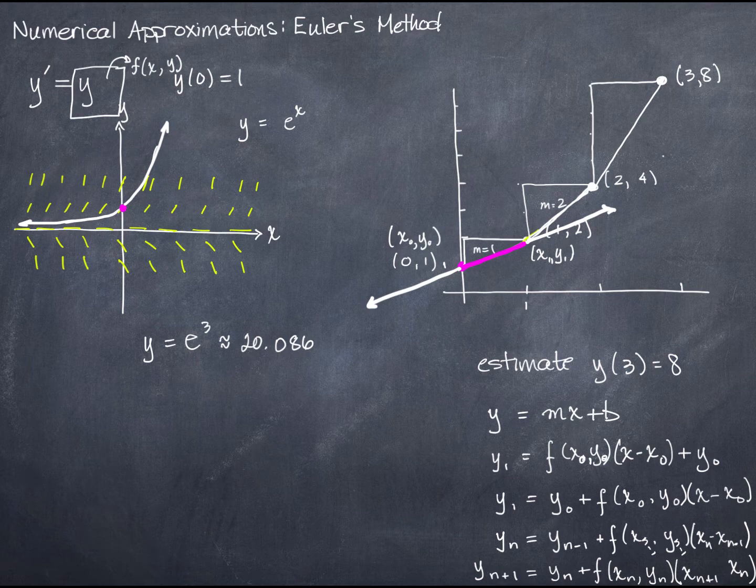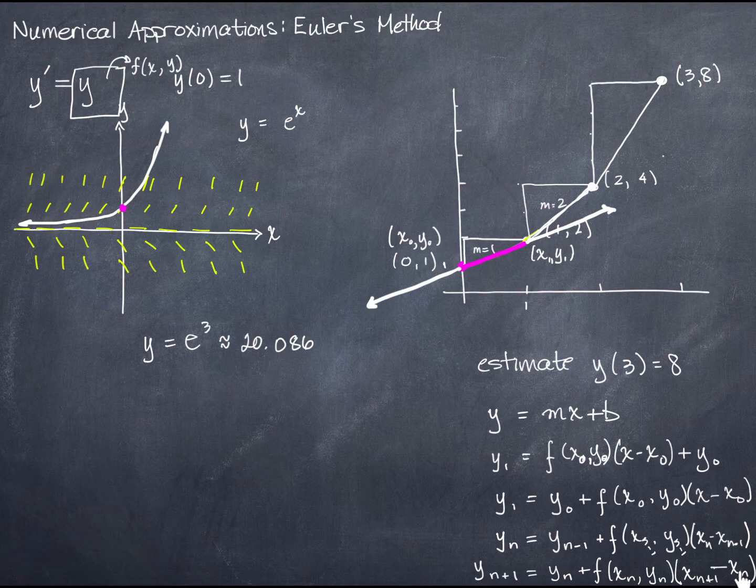So I'm taking the new x value that I want to work with and subtracting the old one. That difference is the difference between these two x values. That's my step size. I'm multiplying that by m, the slope, and I'm adding the y-intercept.